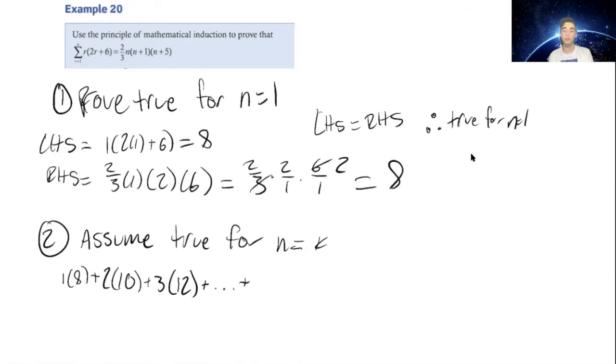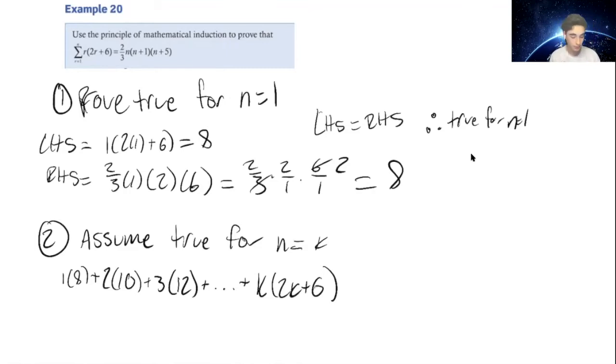We don't know what n is. n could be 900 for all we know. So that goes up until n, and we want to plug in k for all values of n. So k times 2k plus 6. Okay, all good.